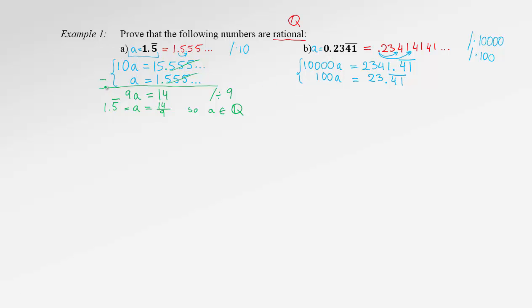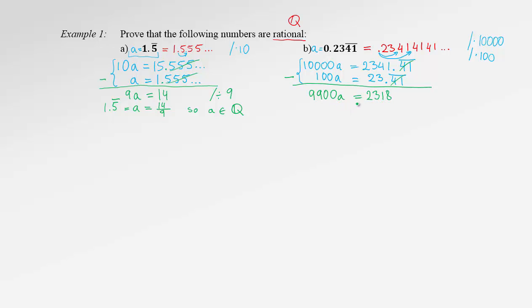Okay, similarly as in the previous example, I'm going to subtract those equations side by side. So 10,000 minus 100 is 9,900a. And here the top number minus the bottom number, the fractional part will cancel each other, and 2341 minus 23 is 2318.